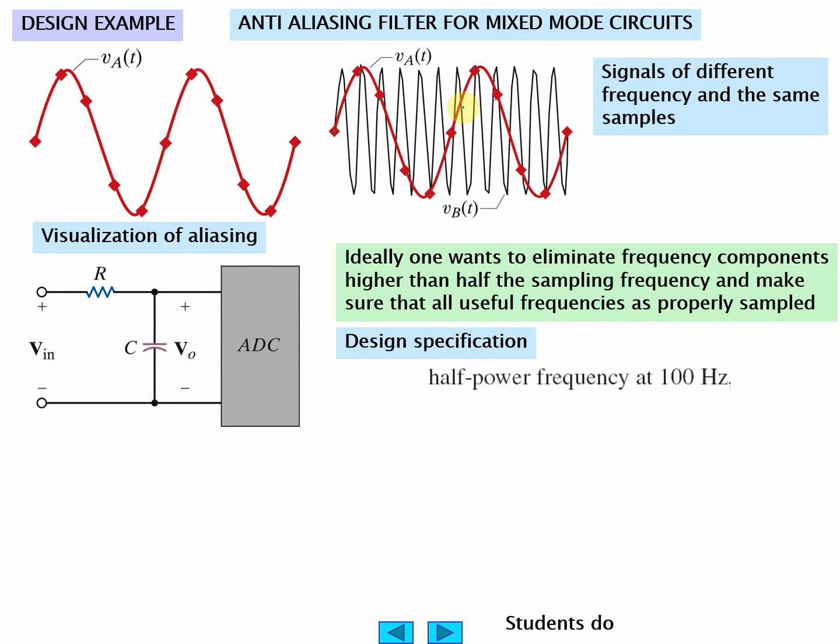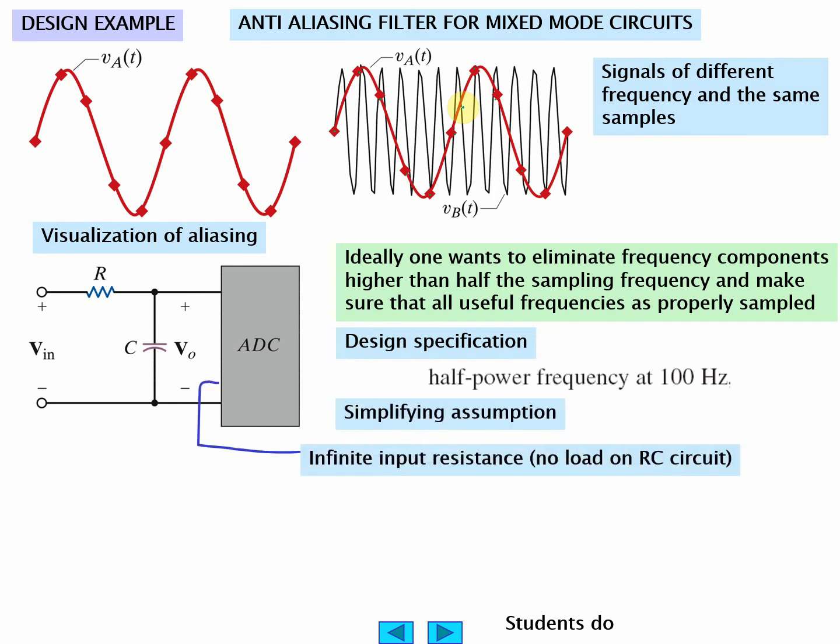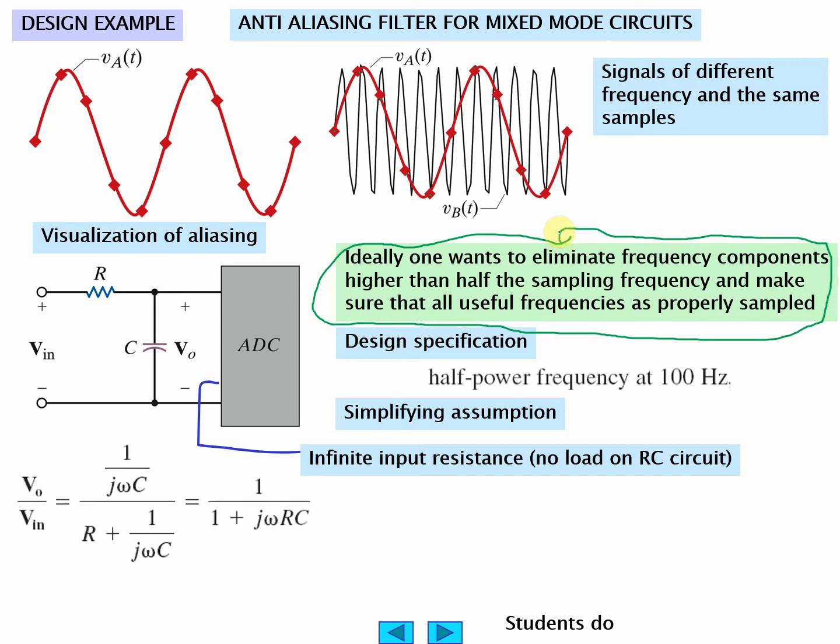They presume it's the lower frequencies, which is why at 44 kilohertz, you can't sample faster frequencies. Okay. All useful frequencies are properly sampled. So everything you're interested in is sampled. That's the idea of this.